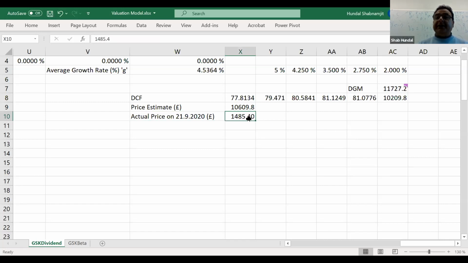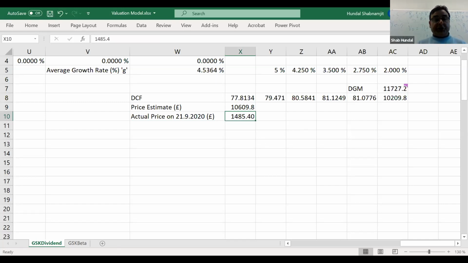So you can see that there's a very high likelihood that this stock will go up, because the rate of discount which the company has been using is very low. So there's a high chance that GlaxoSmithKline would be overvalued next year.